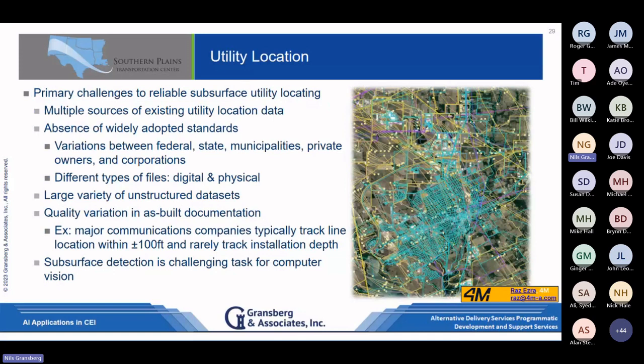There's really no national standard. Even within states, there's lots of variation between municipalities, between different owners, in who keeps what kind of records. Are they digital files? Are they physical files? The better ones are using GIS, so you've got GIS vector files for some.